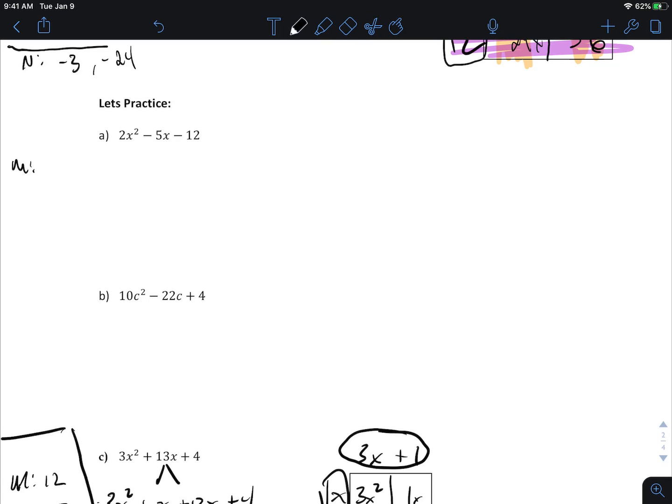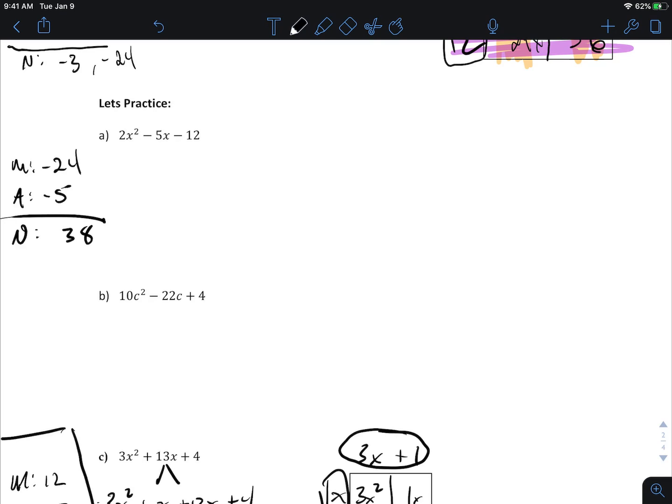Two numbers to multiply to negative 24, add to negative 5. What are we going to do? I'd start my list. 1 and 24, not going to work. 2 and 12, not going to work. 3 and 8. 3 and 8 sounds nice, right?